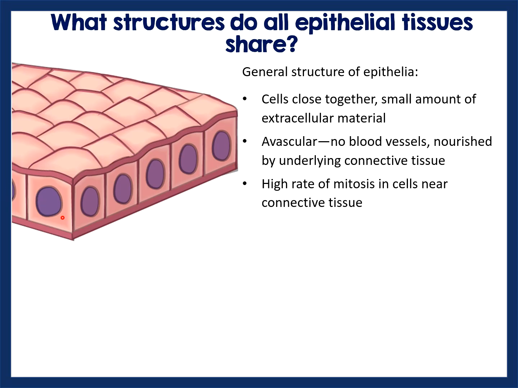So only the cells that are close to those nutrients are going to get the nutrients they need in order to make more cells. The cells that are too far away are going to typically die. So we'll have a high rate of mitosis in the cells that are near that connective tissue with all of the blood vessels.